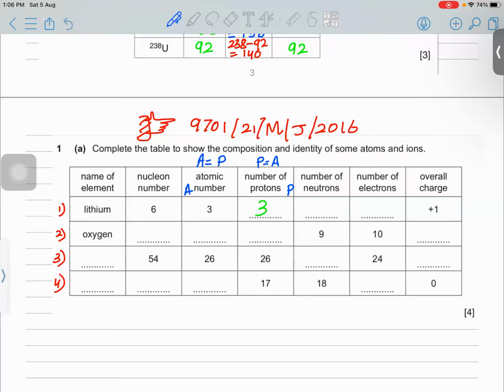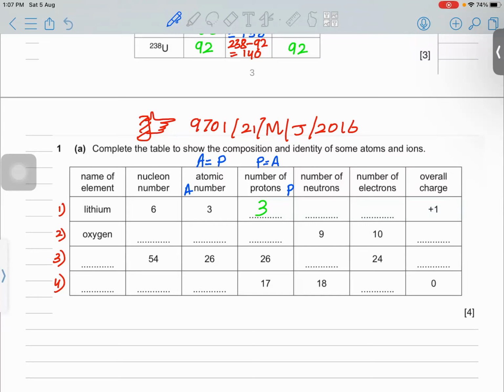Protons remain constant. No one can change the number of protons, but we can change the number of electrons. We can get an electron from any atom. We can give an electron to any atom, but no one can change the number of protons. Proton numbers are always fixed.